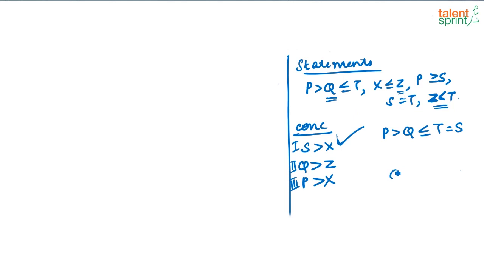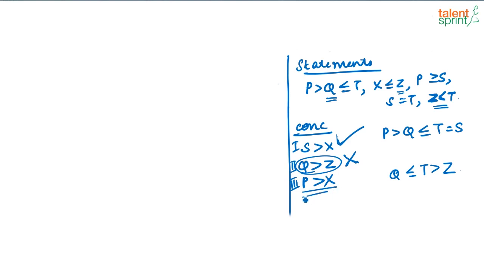So this is the relationship that I get between Q and Z. So I cannot say that Q is greater than Z. So this conclusion should not follow. There is no other way where I can find out the relationship between Q and Z.